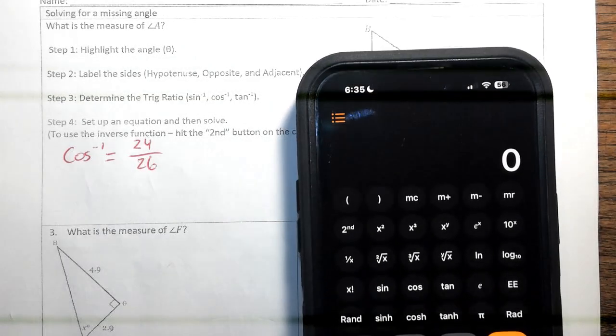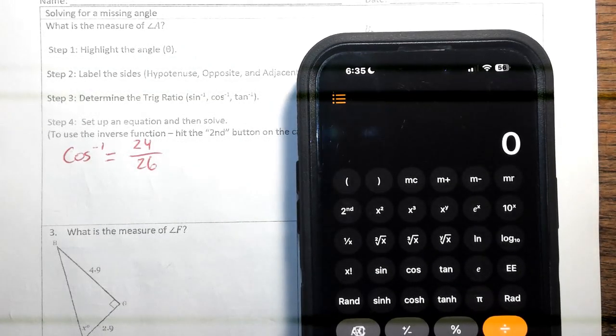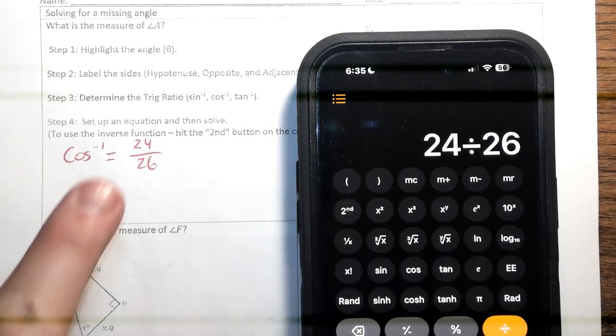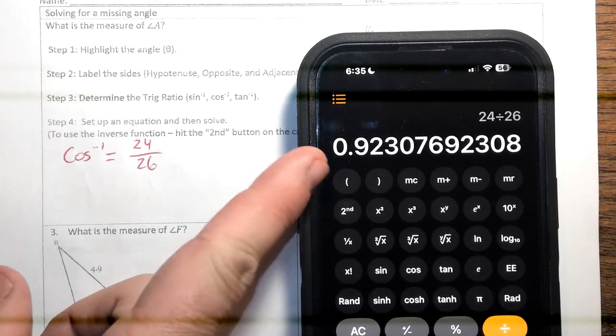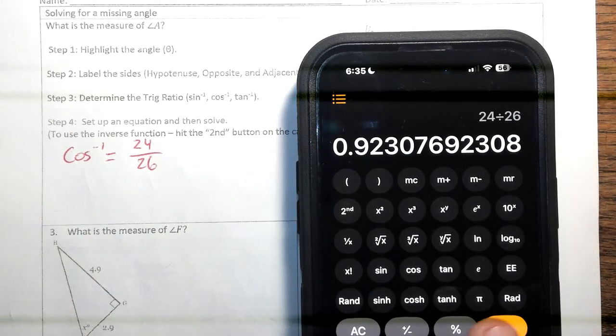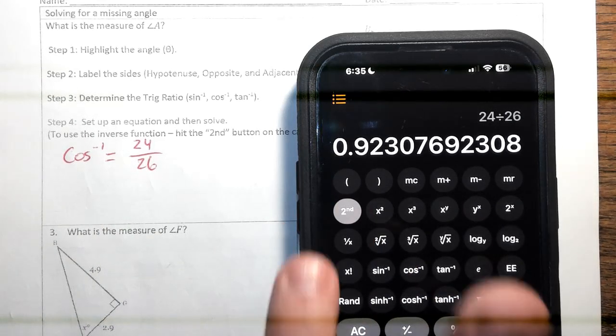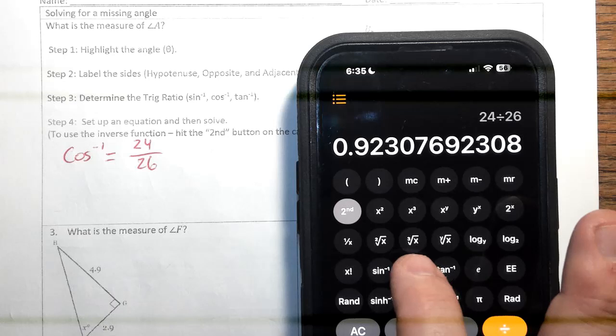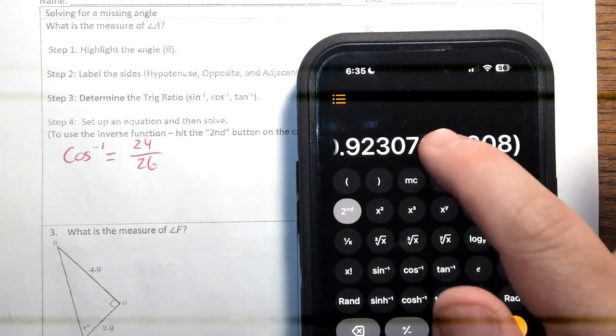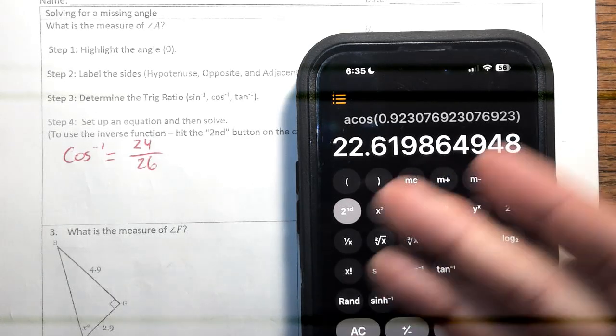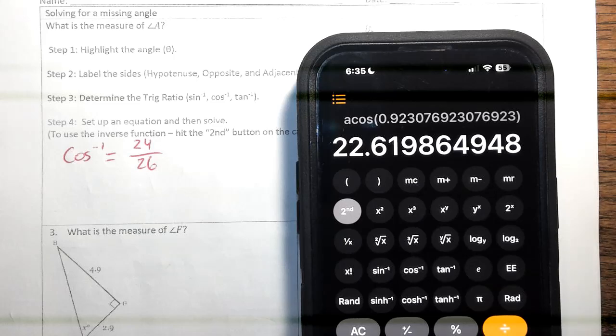So we go 24 divided by 26. This is going to give us the ratio. So you see it's 0.93. All right, so now we want the inverse cosine. So hit second, or just say inverse, when you hit that button, cosine. And here I have to hit enter on the calculator at school. I don't.